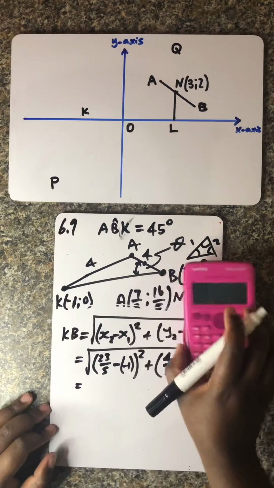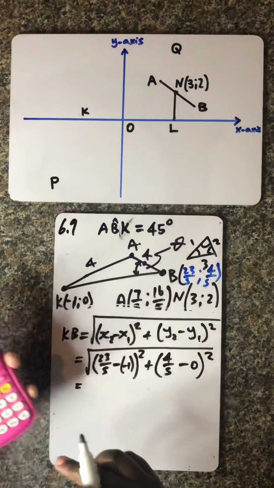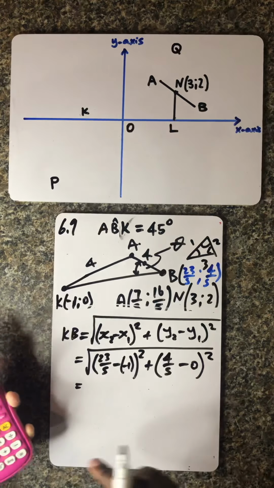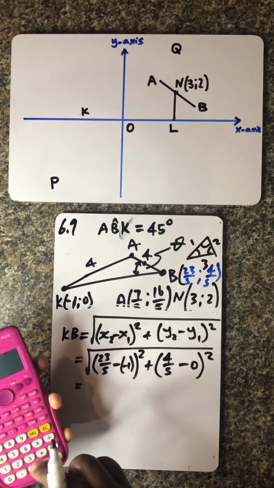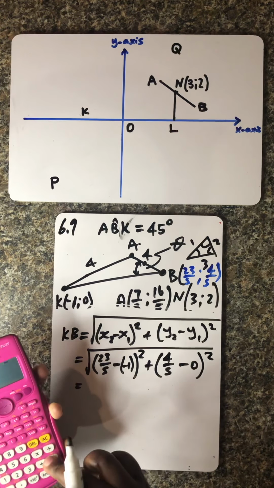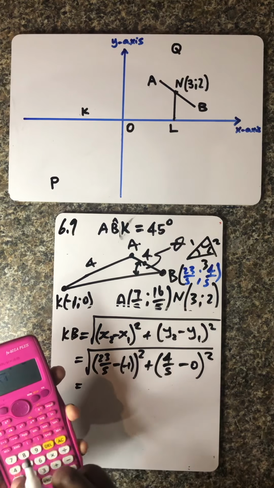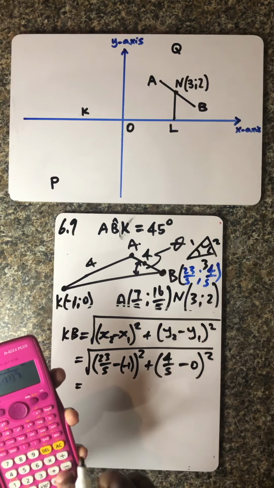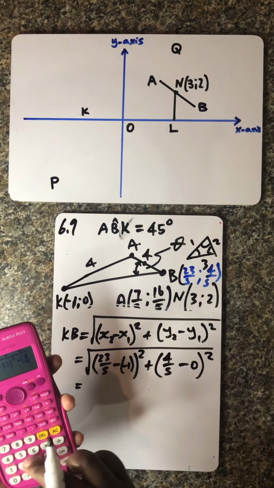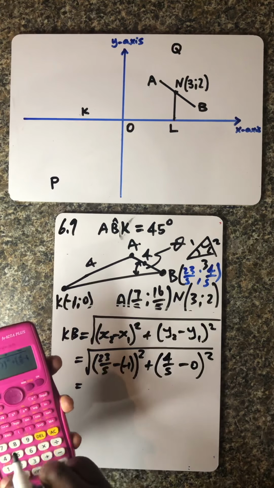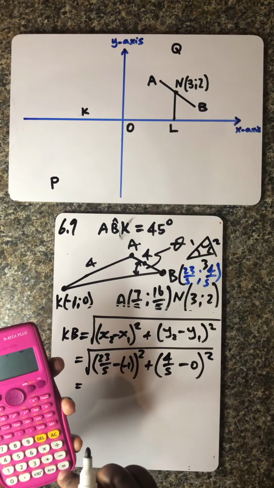Let's see. So that means you've got 23 over 5 on the side, you minus negative 1, close again, squared, plus 4 over 5 on the side minus 0, you close, you square.